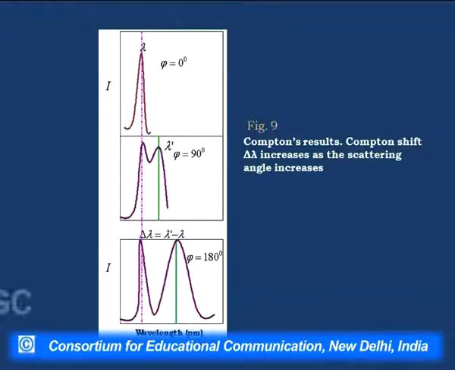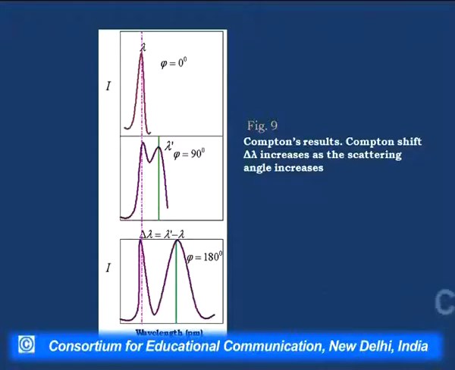Again, if we try to find this delta lambda, which is the difference between the larger wavelength, the scattered one, and the incident one, this is called the Compton shift, and this Compton shift depends only on phi. Now, again there is a problem to explain this.